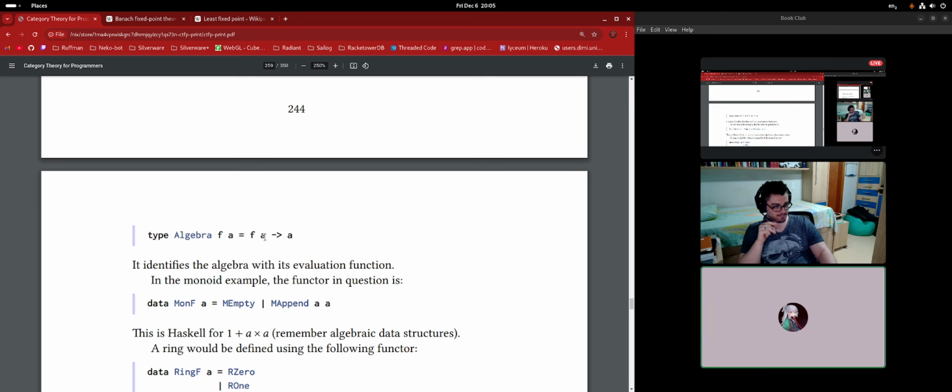Yeah, because basically this is the actual algebra, right? The initial algebra that you are starting from would be Fix of Haskell F, actually, right?